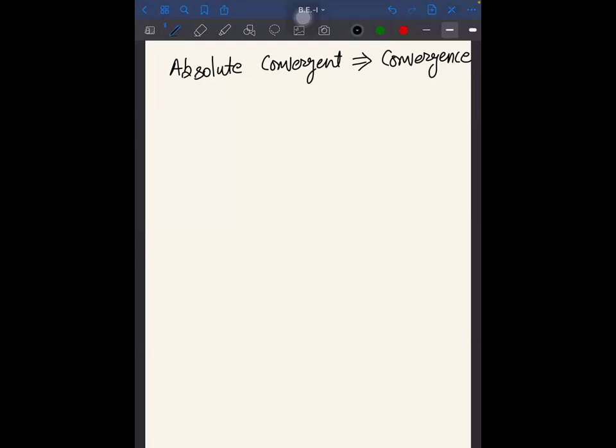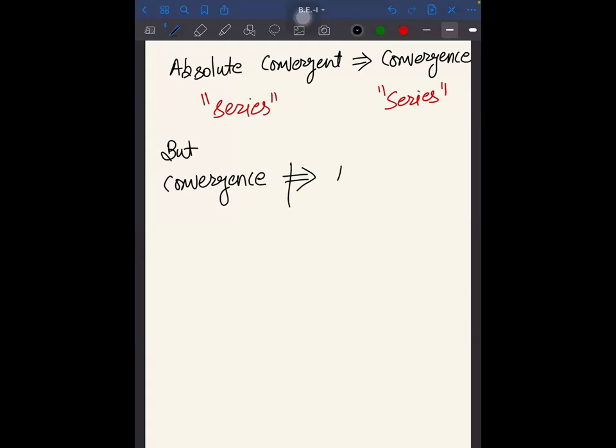In series, keep in mind, in series, not in sequence. I'm talking about series. Are you getting this? But convergence does not imply absolute convergence. Are you getting this?